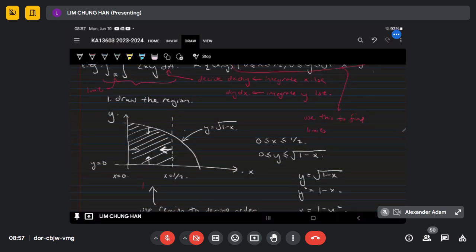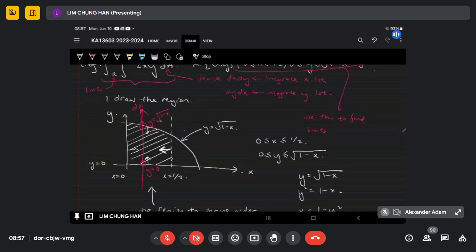I go up, I hit y equals to 0. I keep going up, I hit y equals to square root 1 minus x. So this is the x line. Now, y no problem. Wherever I draw y, I get the same limits.